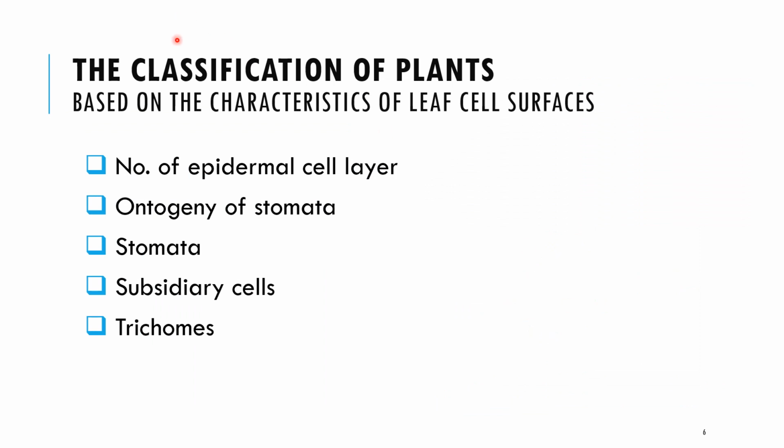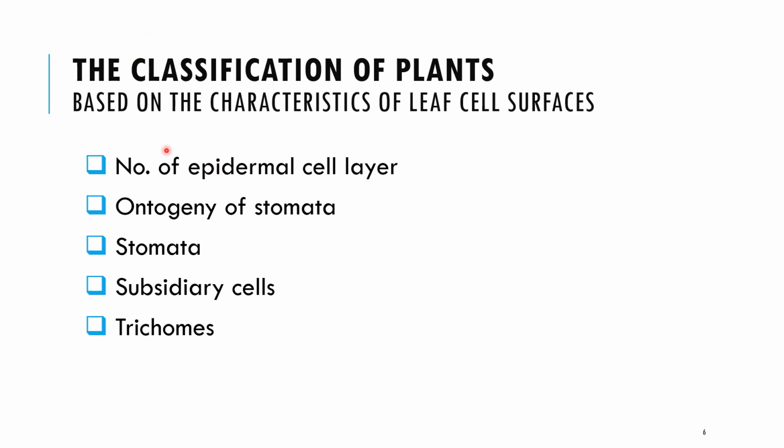The classification of plants is based on the characteristics of leaf cell surfaces. There are many different kinds of leaf cells that are available for plant taxonomic classification.